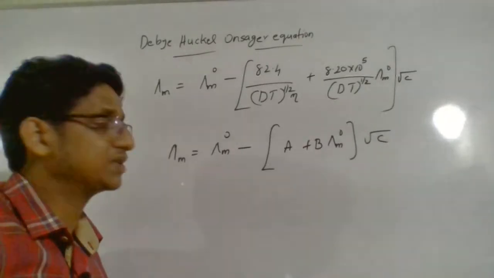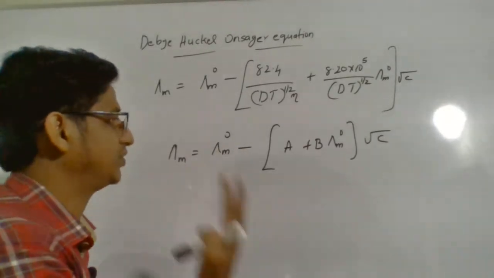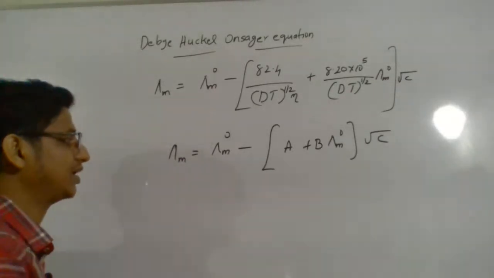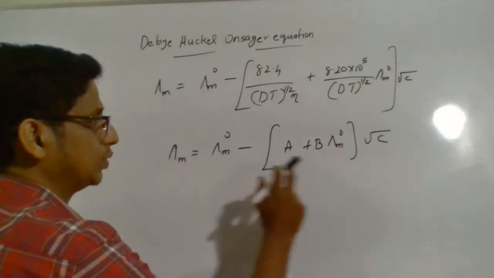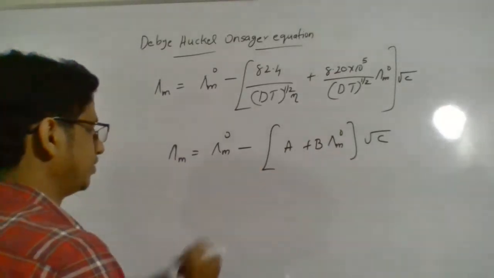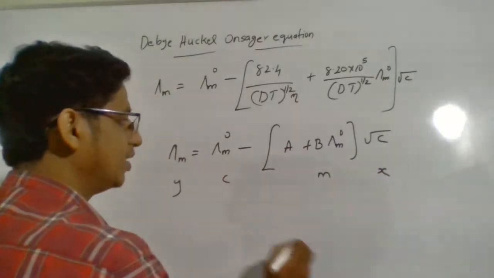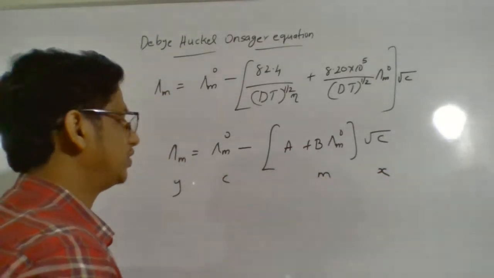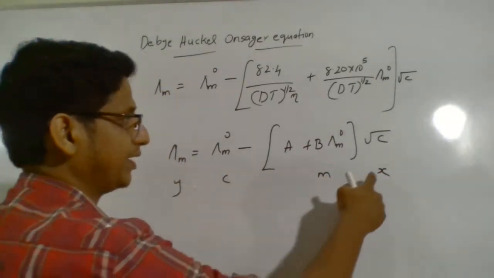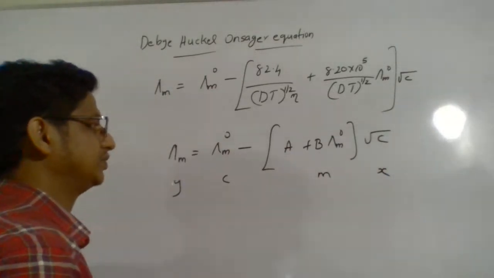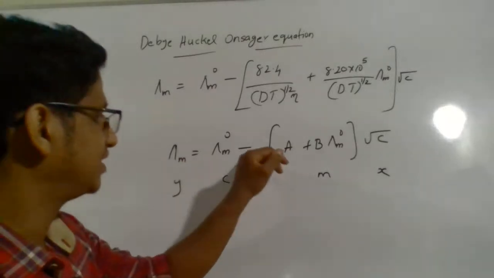Look at this. This is a speciality: it is an equation for a straight line, y equal to mx plus c, where m is the slope. Now if you plot a graph between lambda m versus root c, you actually get a straight line, a straight line with a negative slope.